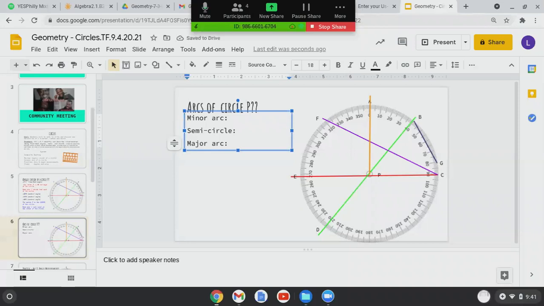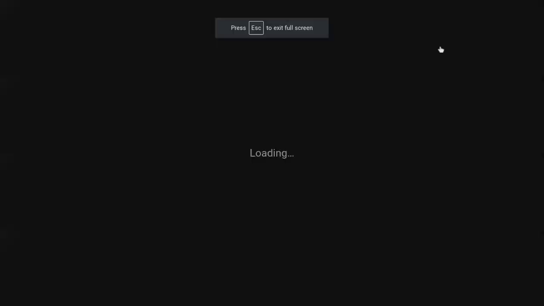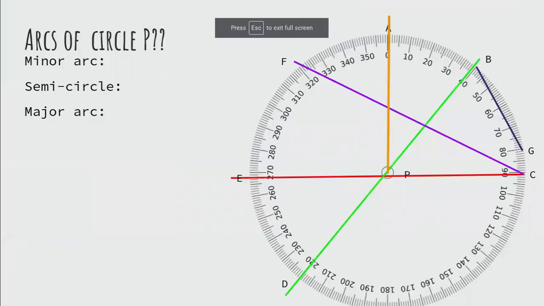What do you know about them? I'm going to show you the picture again. So again, can you describe a minor arc, a semicircle, or a major arc?